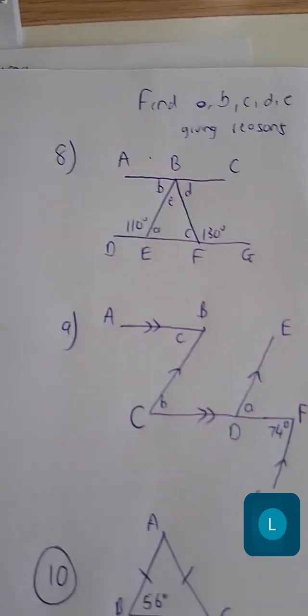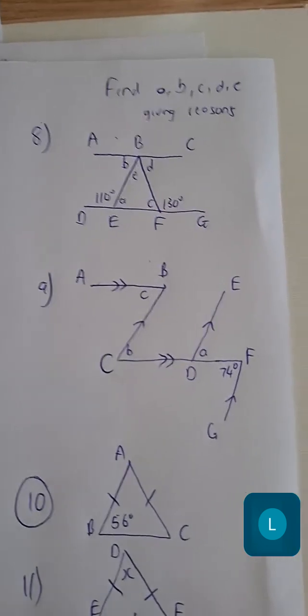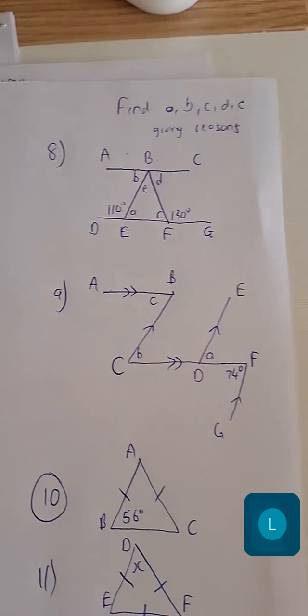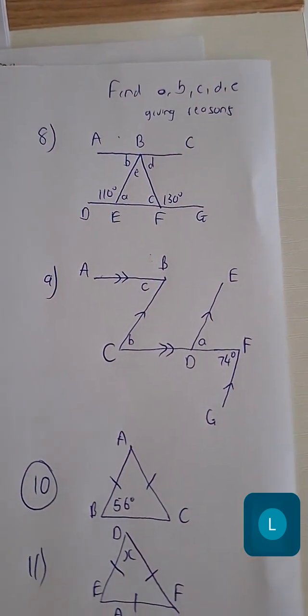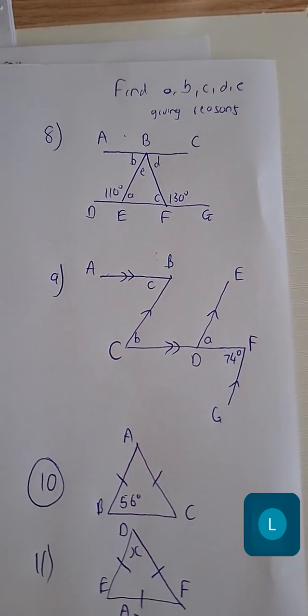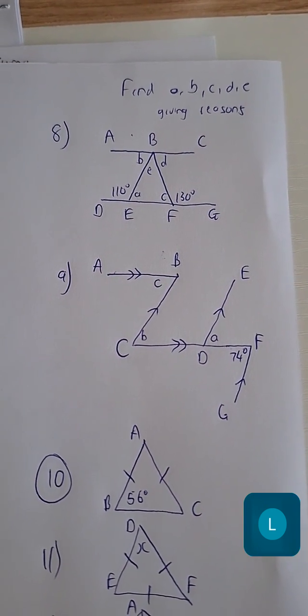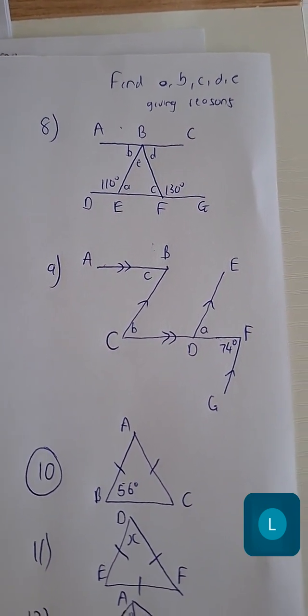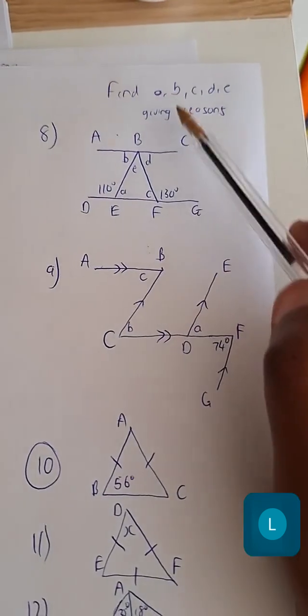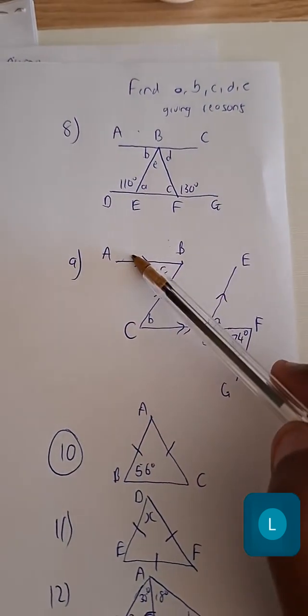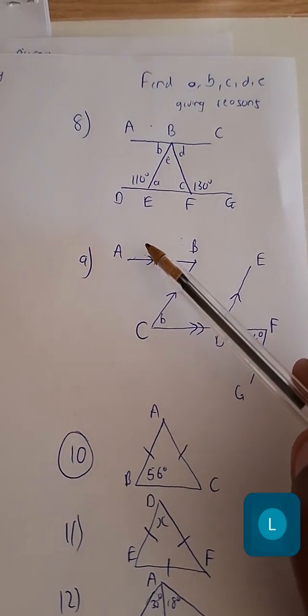Right, then 8, 9, 10. Want A, B, C, D, E, giving reasons for 8, 9. All right.